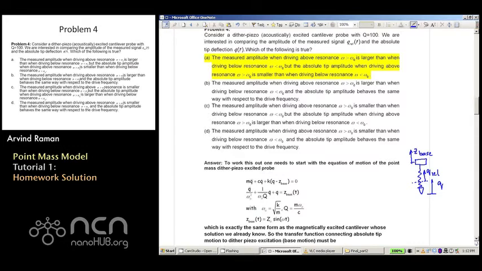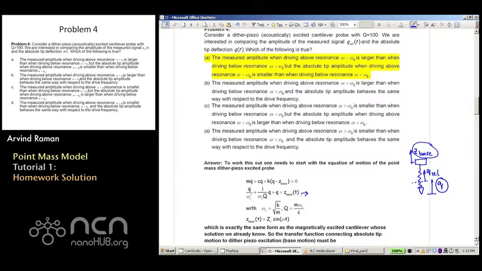So in order to answer this question, we need to derive an expression for the transfer function of the base excited cantilever, but in terms of the absolute Q relative to the base motion Z. And to do that, we just go back to the equation we had derived at the start in class, before converting it into all the quantities referred to the base, and we reach this equation.